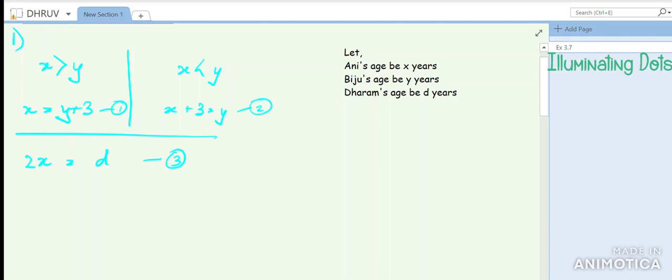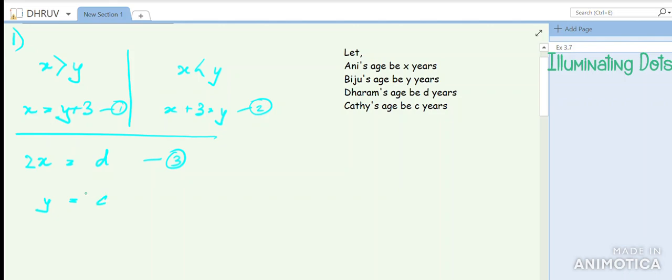The second part says Biju is twice as old as his sister Kethi. So we assume something else here: Kethi's age to be C years. Biju is y and his sister Kethi is c.